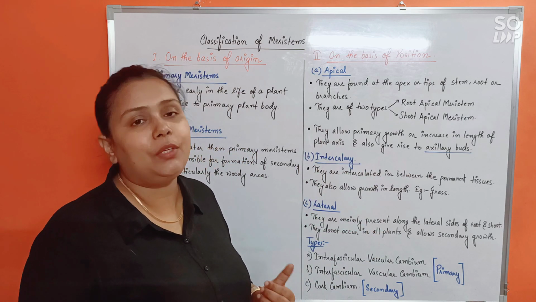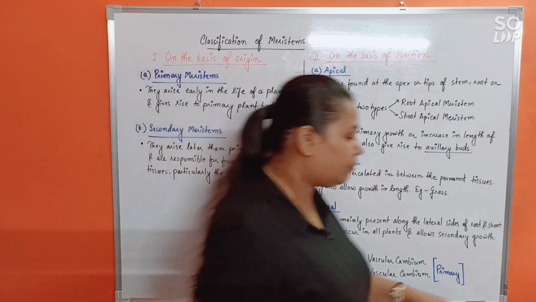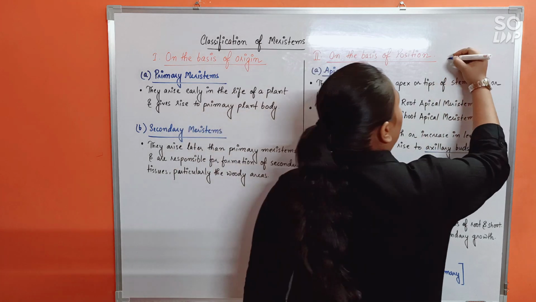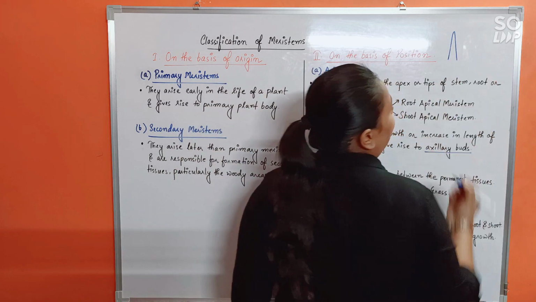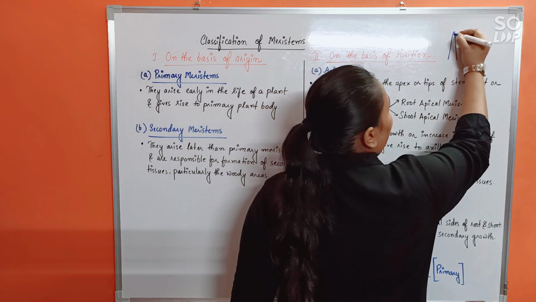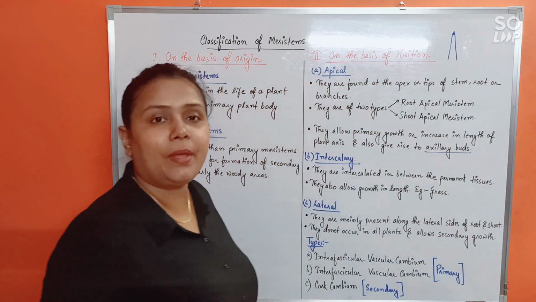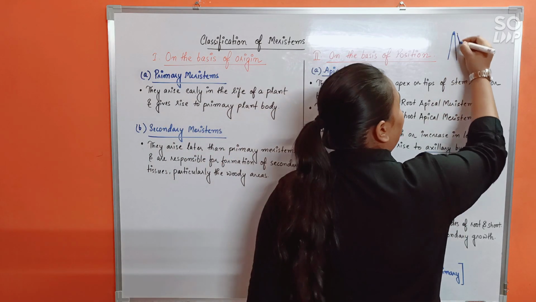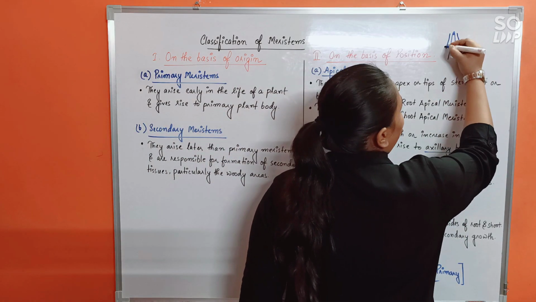Now let me tell you how it would happen. Suppose this is the plant body and this is the shoot tip where the shoot apical meristems are present. They are continuously dividing and adding cells in this direction.